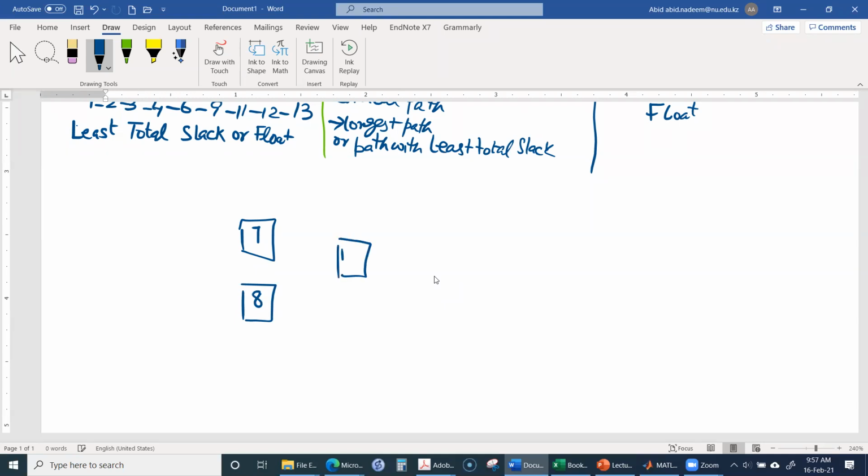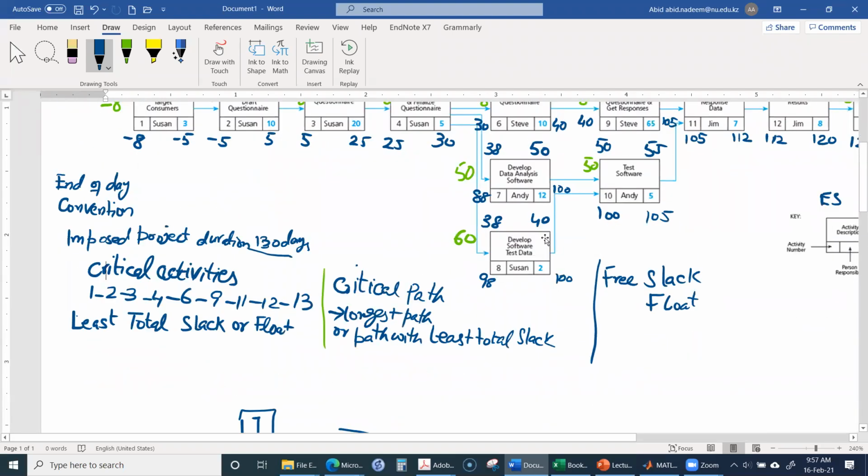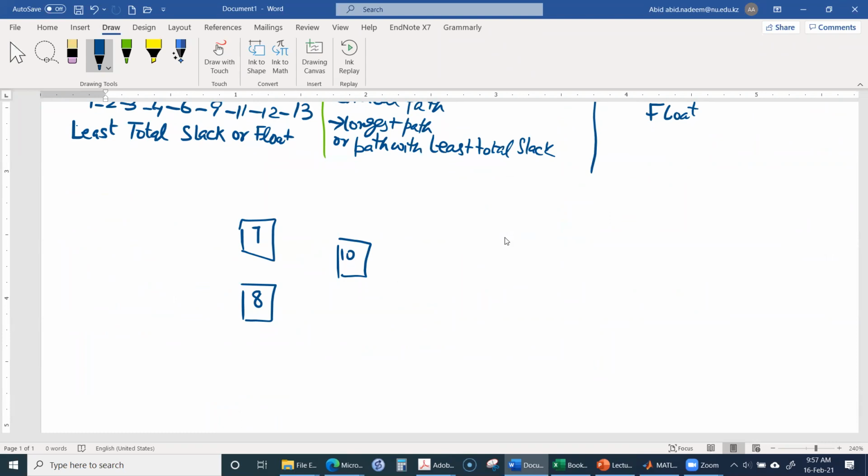activity 10. So what are the earliest start and finish times of activity 7? Earliest finish time of activity 7 is 50, and then earliest start time is 50. Okay, so it is like this: 50 here, 40 here, and 50 here.